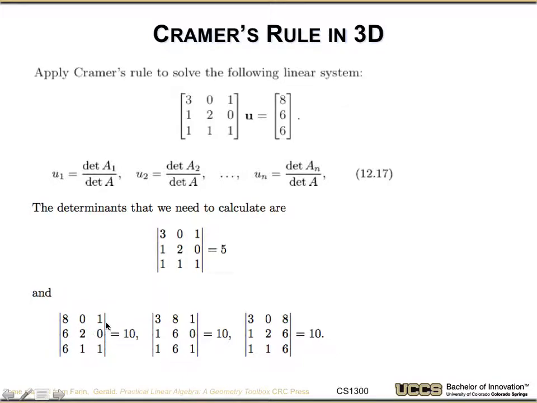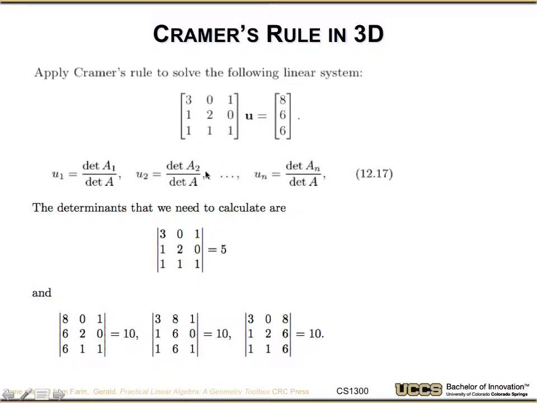And then here I'm going to get plus 1 times 6 times 6, so I have plus 6, and here I'm going to get minus 1 times 2 times 6, I'm going to get 12. Overall, that gives me 16 plus 6 minus 12, which gives me 10.